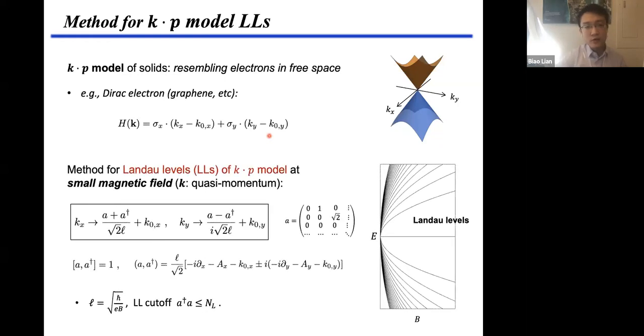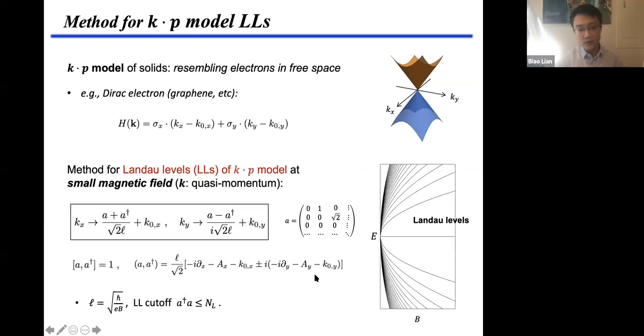So the method for calculating the Landau levels of these k·p models is just to replace these quasi-momenta by the Landau level raising and lowering operators. Basically what we do is to regard this quasi-momentum as a realistic momentum, as the actual momentum.